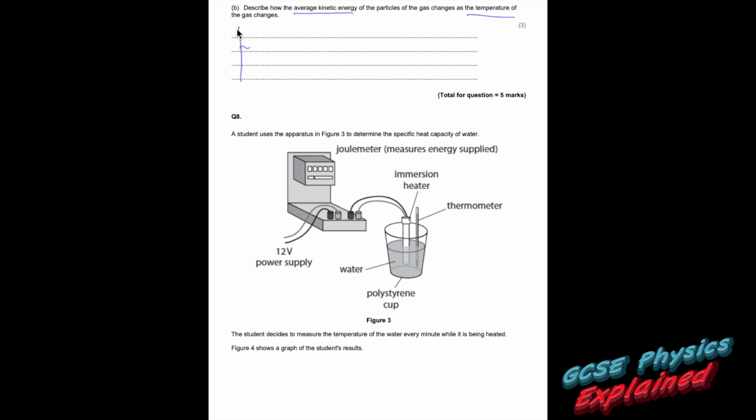Right, well, if you know anything about absolute zero, if you've got temperature along the bottom in kelvins, and you've got your average kinetic energy up the side, when the temperature gets down to zero, so that's absolute zero, the kinetic energy will be nothing. And as the temperature increases, the average kinetic energy also increases, and it's directly proportional.